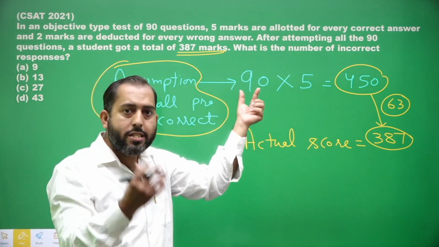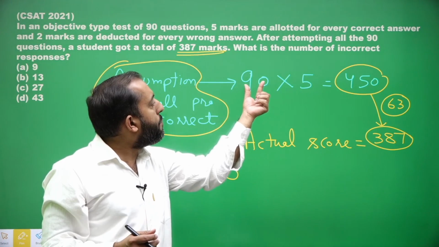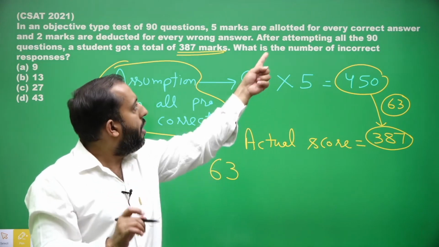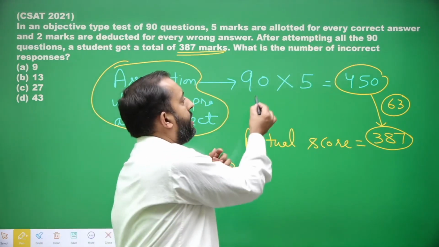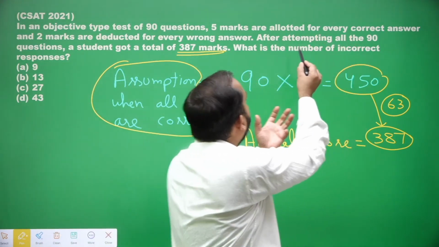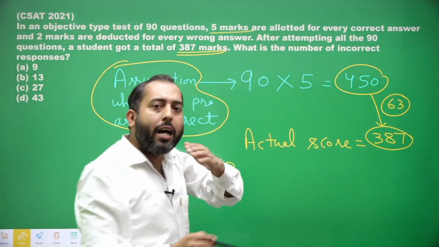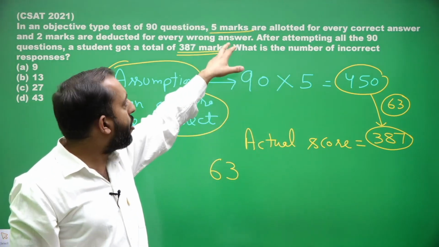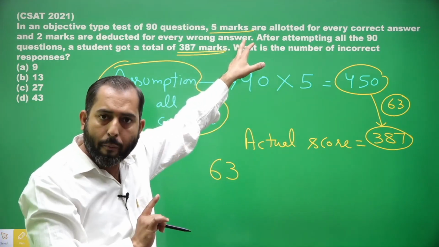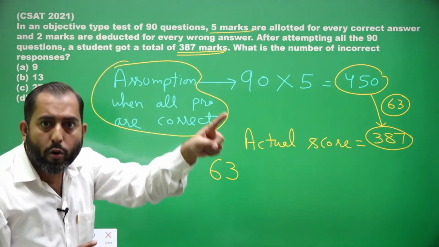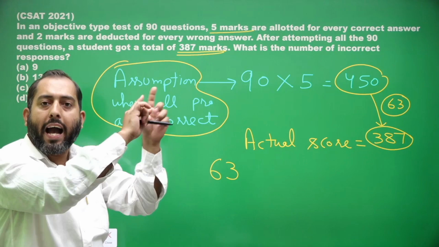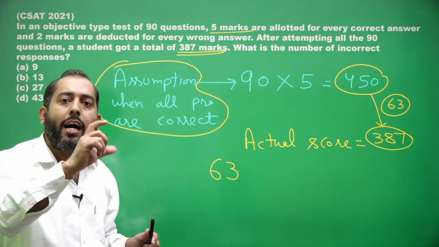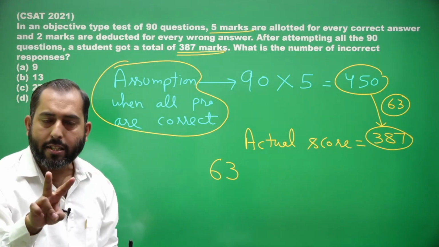Because you have replaced a correct answer with an incorrect one, so 5 is going to be deducted because the correct answer is gone, and minus 2 more.